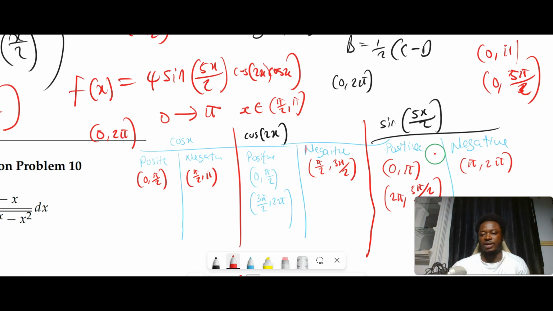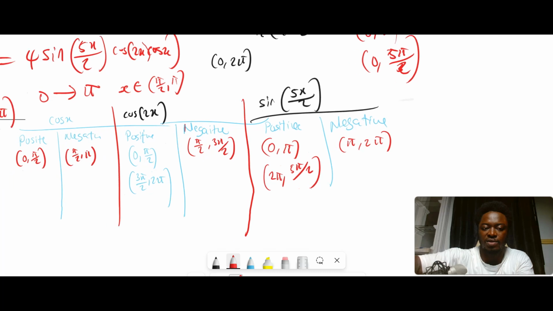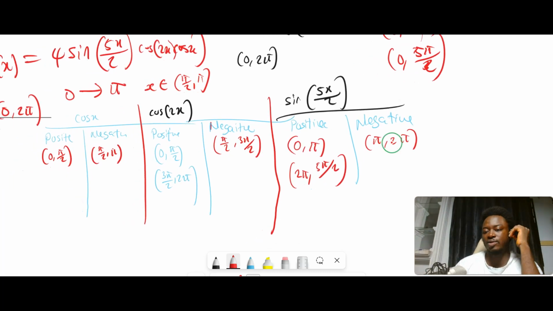So I believe we have done our dissection properly. Now we need to look at where f of x is positive. It is positive when all the three factors share the same sign, and negative on the intervals where they don't share the same sign. So where is it positive?